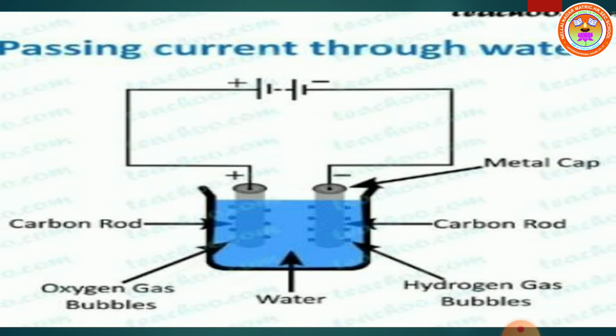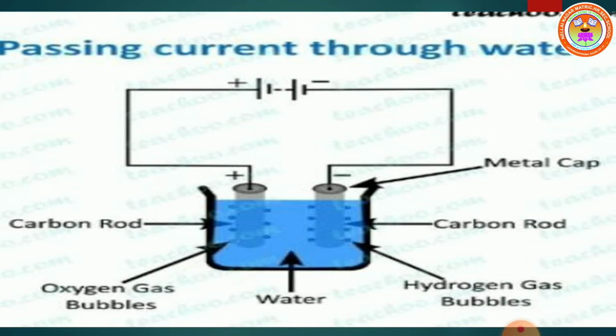These chemical reactions produce electrons. We know, children, that an electron is a negatively charged particle which conducts electricity, because the movement of electrons is known as current. This is called the chemical effect of electric current.